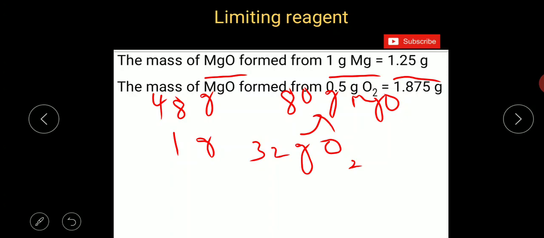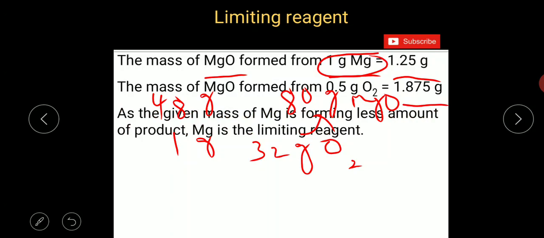If you find it out, you will get 1.875 grams. So which reactant is giving less amount of product, limited amount of product? Magnesium. So magnesium is the limiting reagent.